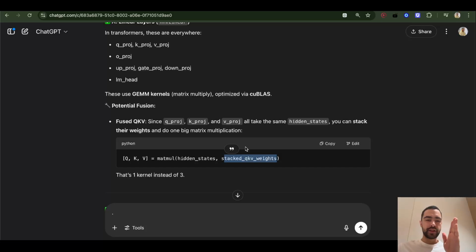The first part is key, second query and values. And then you can just separate them after the matrix multiplication. So this will be a bigger matrix multiply, and it will do it faster in one kernel. This is what DeepSeek does. They have a bunch of these stacks in the code. That's one kernel instead of three.